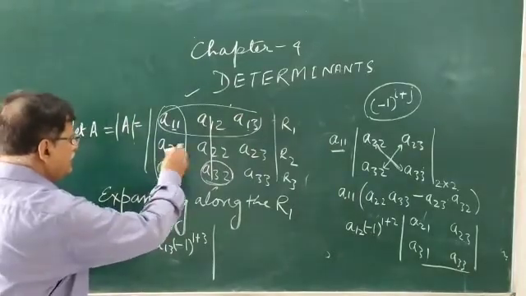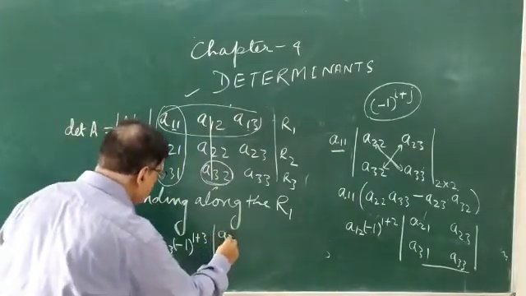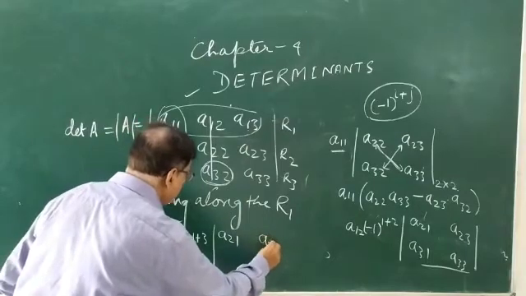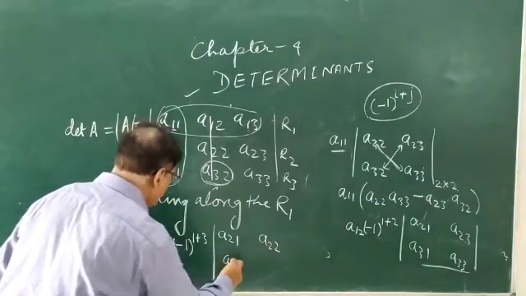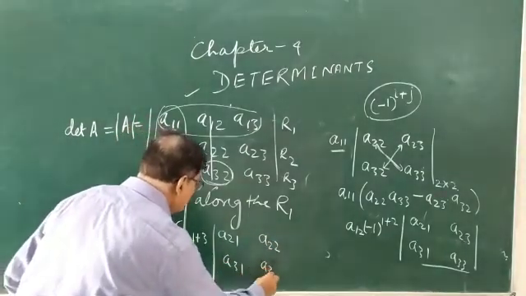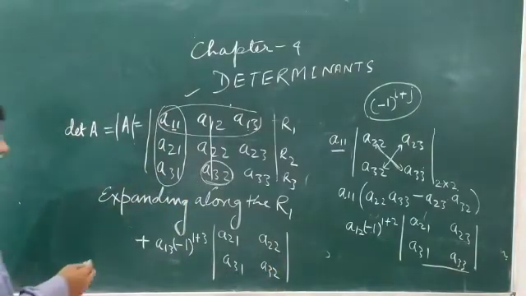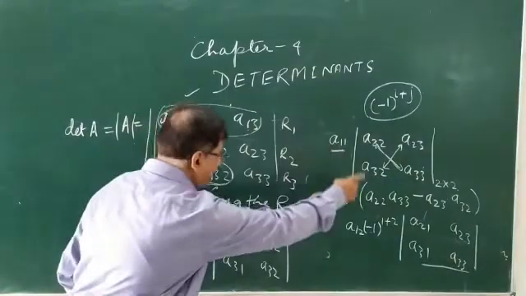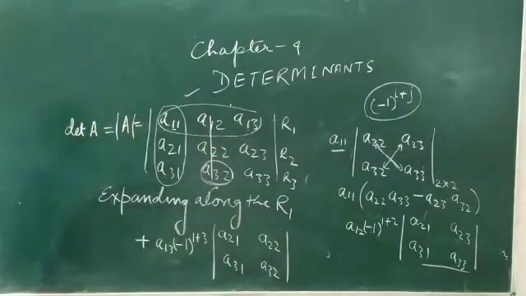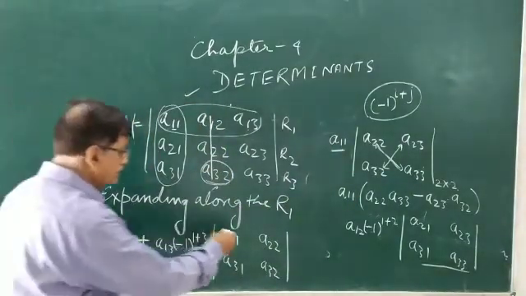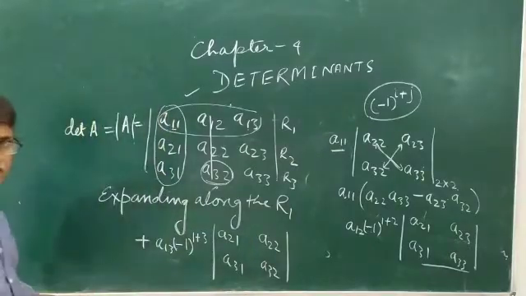The remaining elements you consider. A21, A22, A31, A32. So this is the way to find the value of determinant, and just you open it and calculate it, you get the value of determinant.